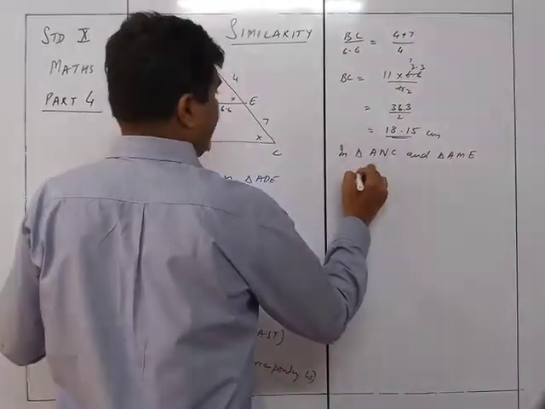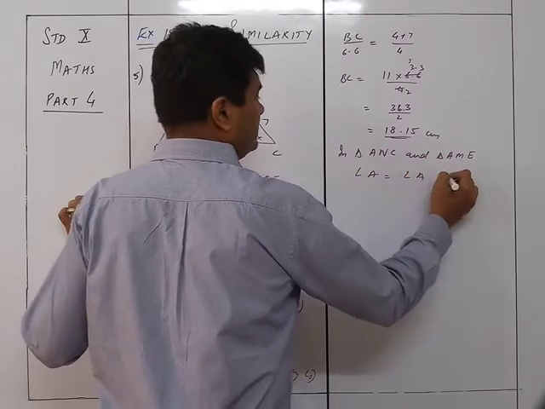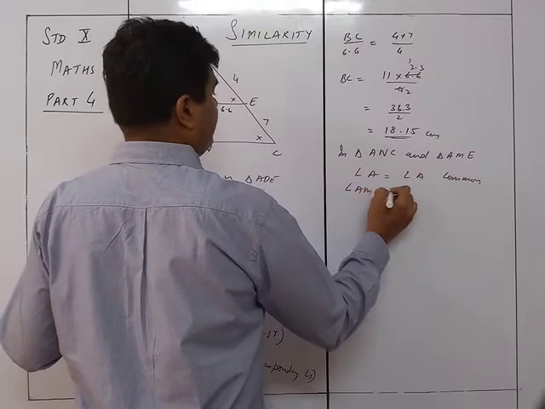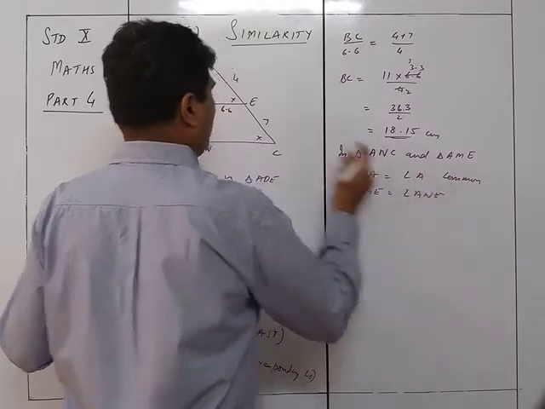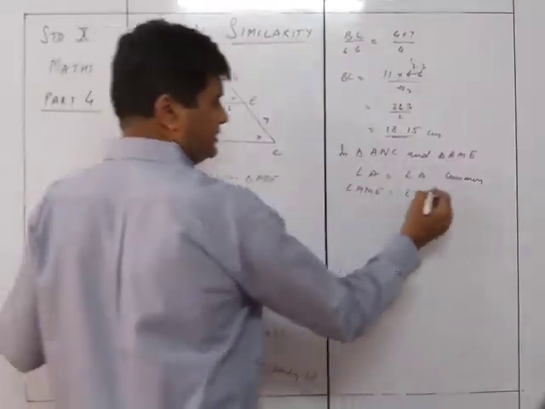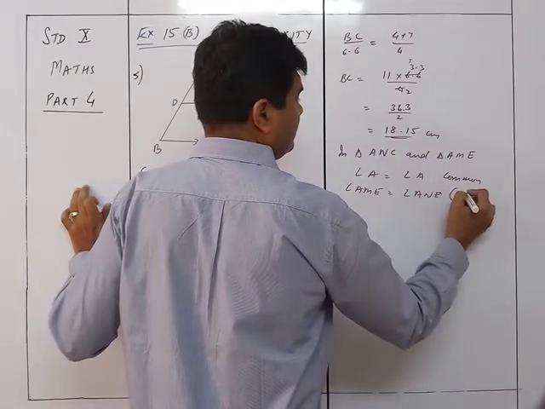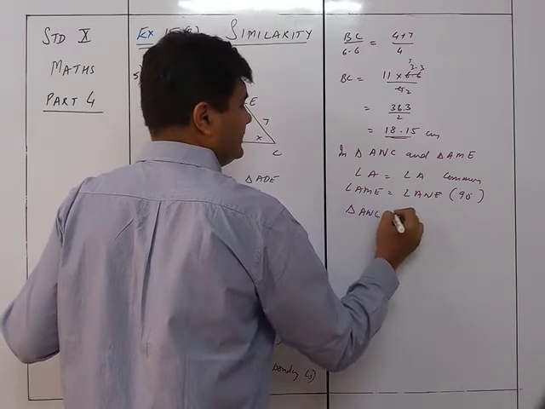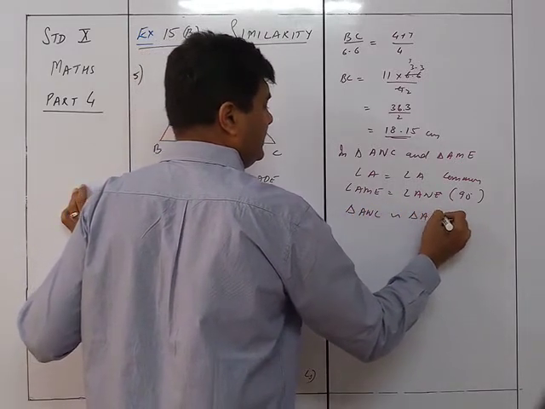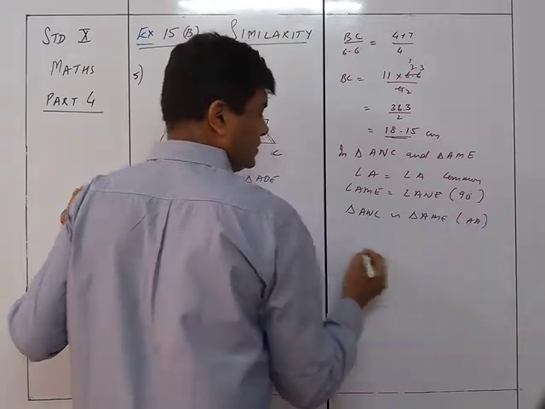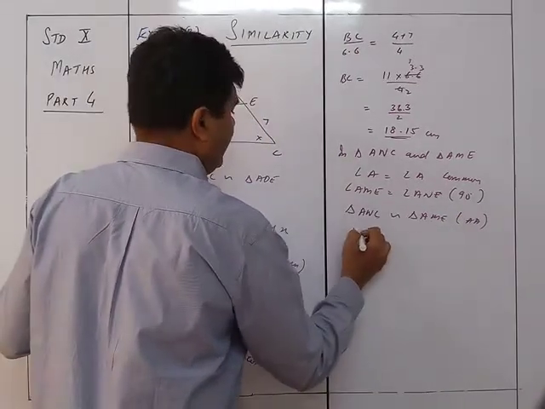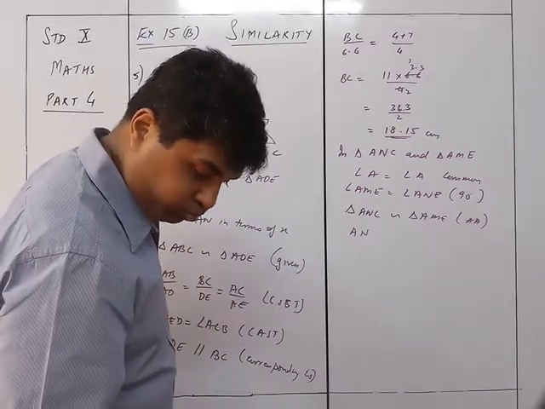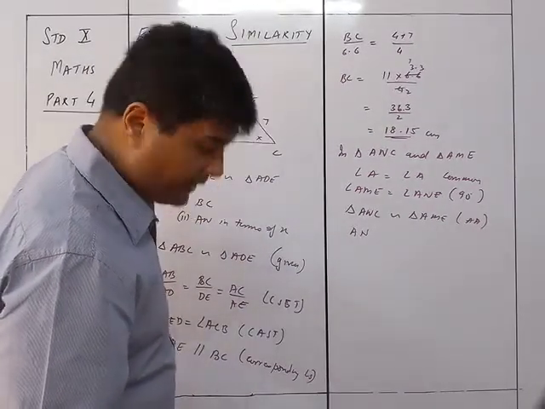So we have angle A equal to angle A, common. Angle AME is equal to angle ANC, this is 90 degrees, given. Therefore triangle ANC is similar to triangle AME by AA test. What we need to find out is AN.